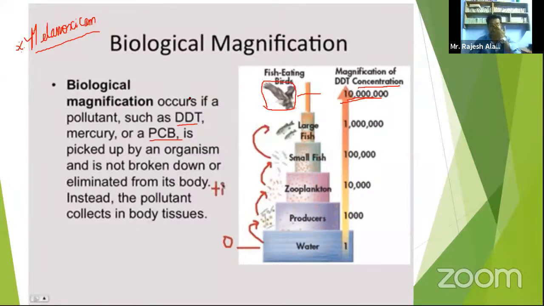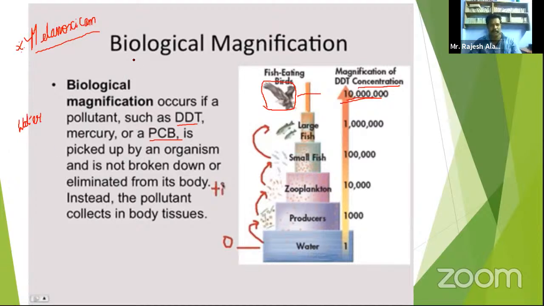The chemical should be biologically active. Right, sir? If a chemical is not active in my body, it doesn't harm me. And if the chemical is water soluble, say some chemical which is entering into my body, the chemical will be washed off along with urine.